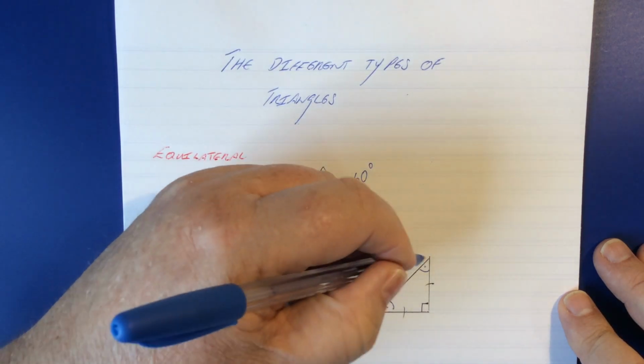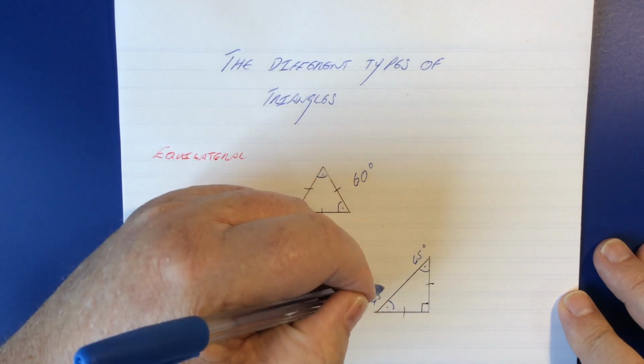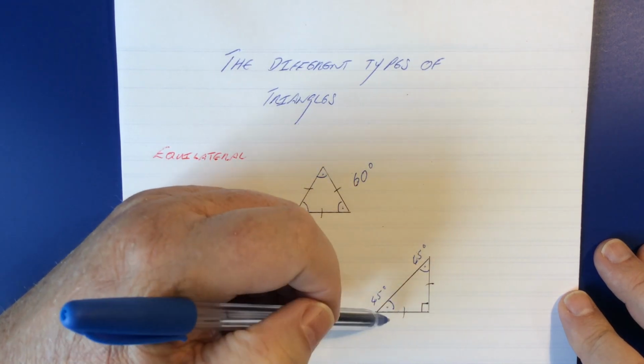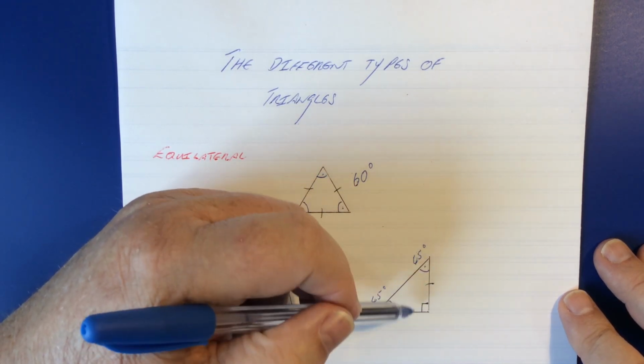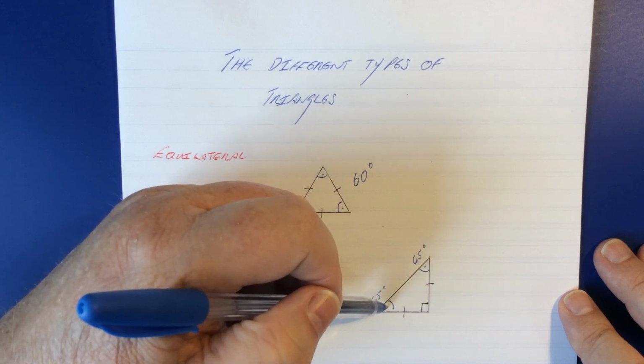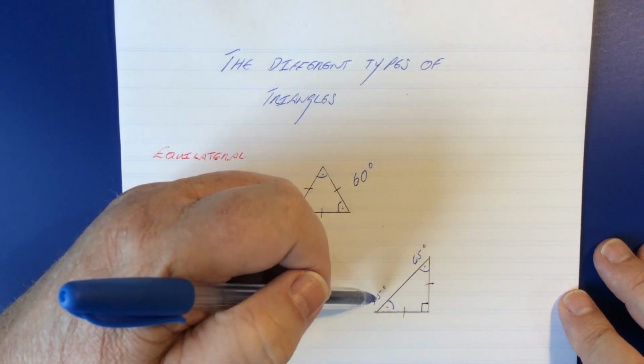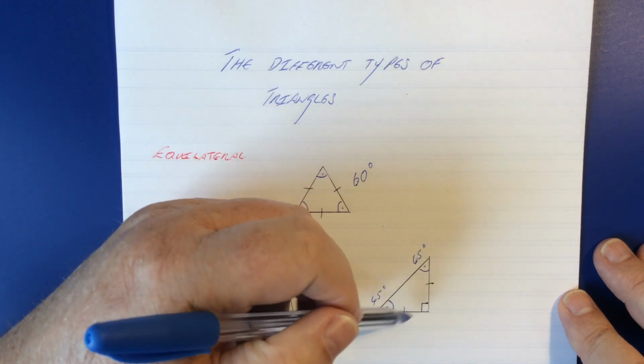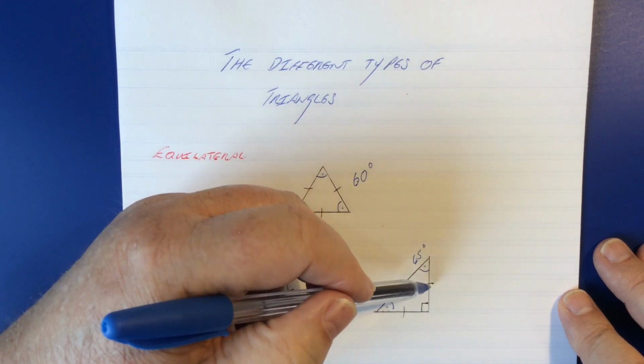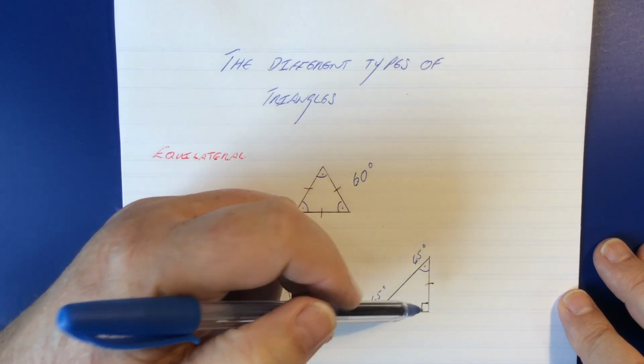So this is 45 and this is 45 degrees. So where you have a right-angled isosceles triangle, the other 2 angles on the inside of it are 45 degrees each. And the qualification for an isosceles triangle is that 2 of the sides should be the same length.